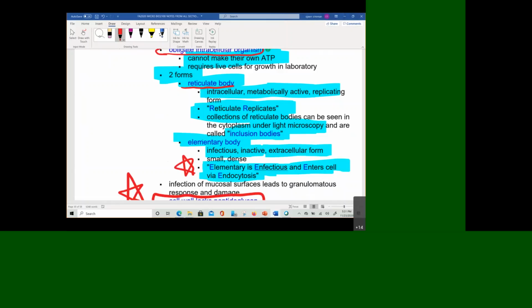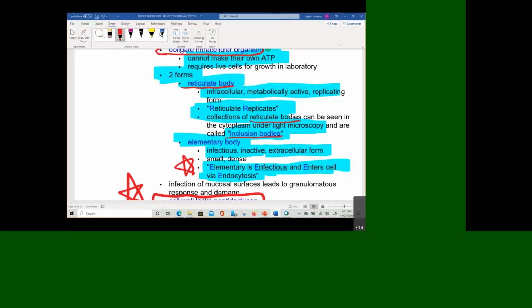It consists of collections of reticulate bodies in the cytoplasm of the host cell that can be seen under a light microscope as what we call inclusion bodies.